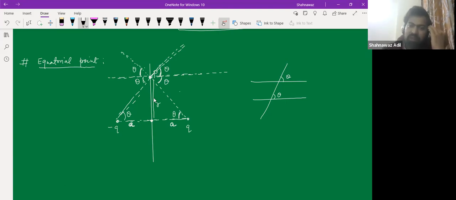So now we have to calculate the electric field, but we have to remember another part of vectors.